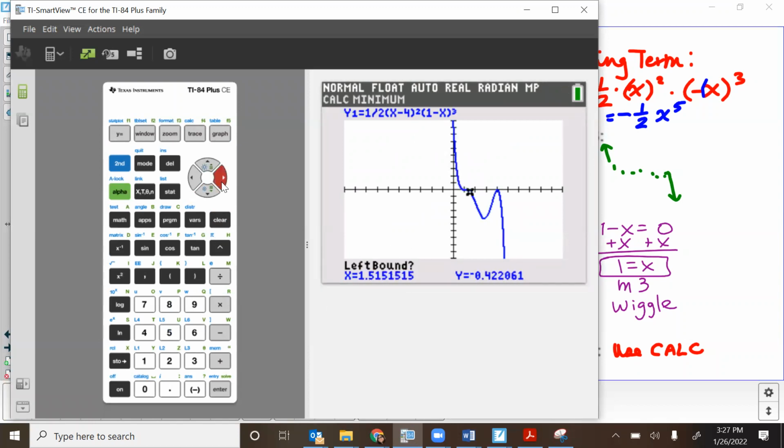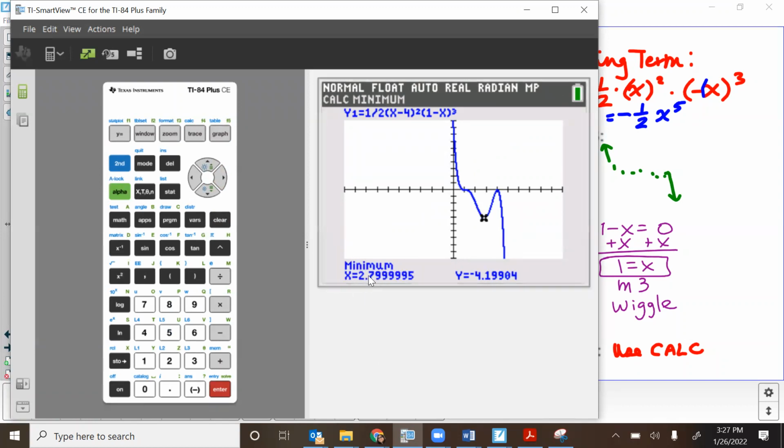So I just want to be somewhere to the left of the minimum. And then it says right bound. So I'll hit the right arrow until I am definitely to the right of that. And then I will say guess. So it tells me this is like 2.79, but the 9 would round up. So 2.8 and negative 4.2.